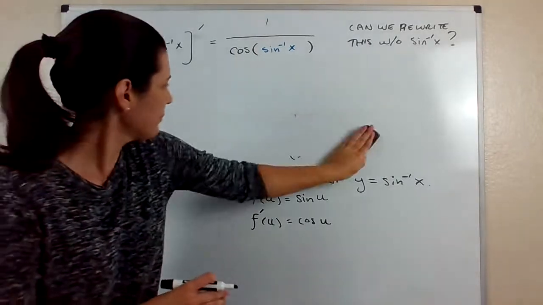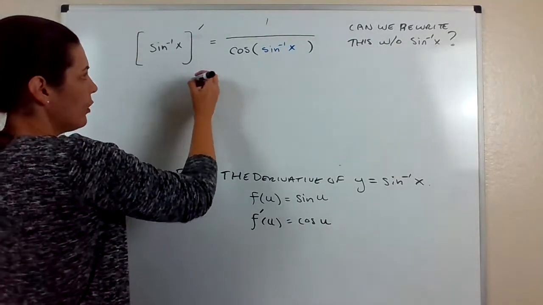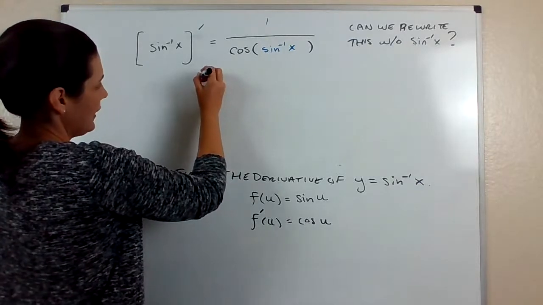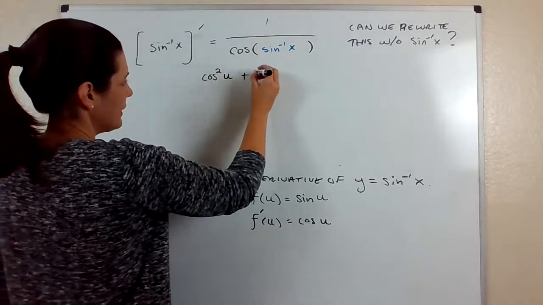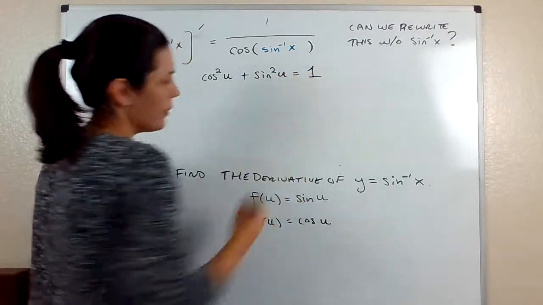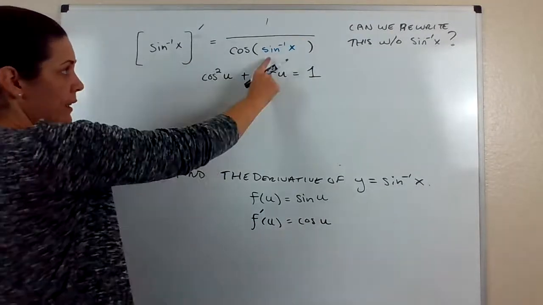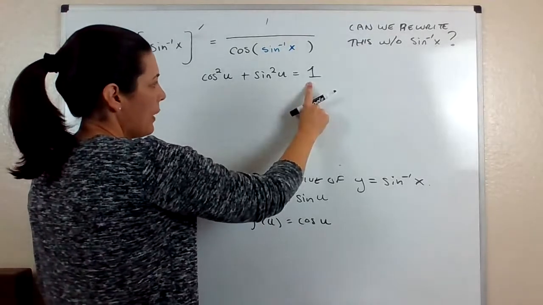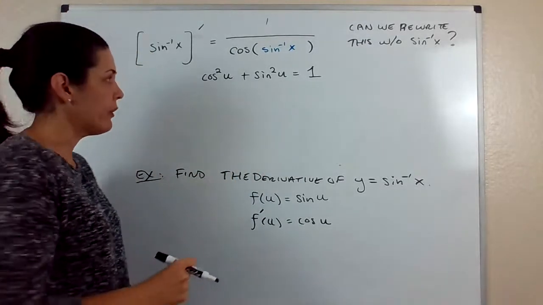Okay. All right, so from trig, we know a lot of identities, but there's one that comes up often, and it's the Pythagorean identity. So cosine squared u plus sine squared u equals 1. Now I'm going to use this to make this answer look better. So from our Pythagorean identity, let's solve for cosine of u.